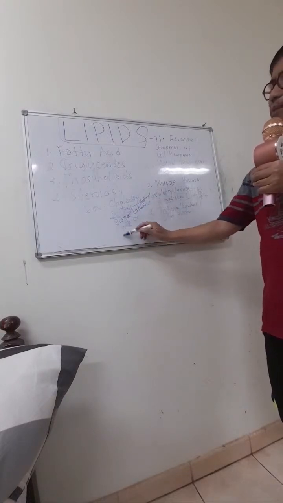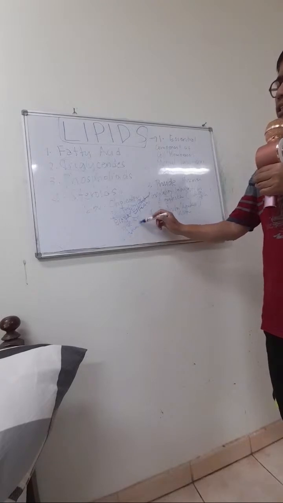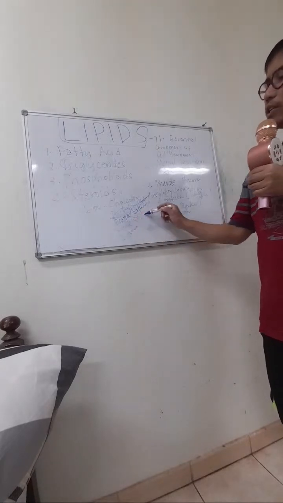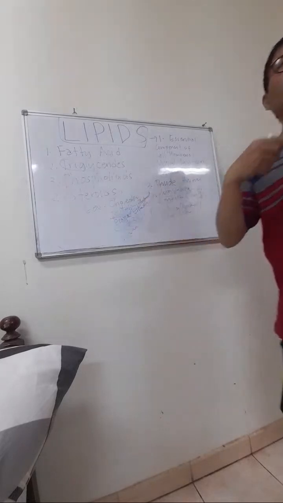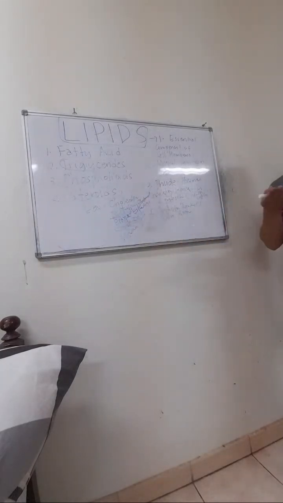Cortisol and vitamin D, the production of vitamin D. Cortisol is very important to maintain the balance or regulate our intake of macromolecules such as carbohydrates, protein, amino acids, sugar. This cortisol hormone will try to balance everything.